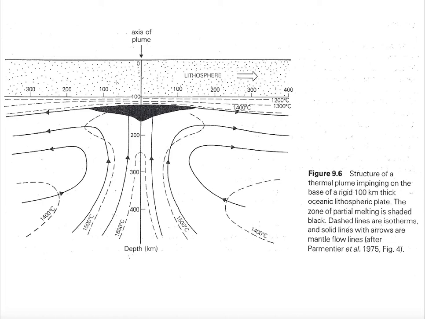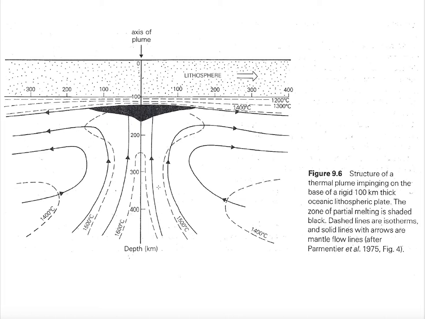And here we have the movement of the lithosphere above, shown by this arrow. Here at zero we have the axis of the plume. And then we have the zone where partial melting will take place. And here we have our isotherms.